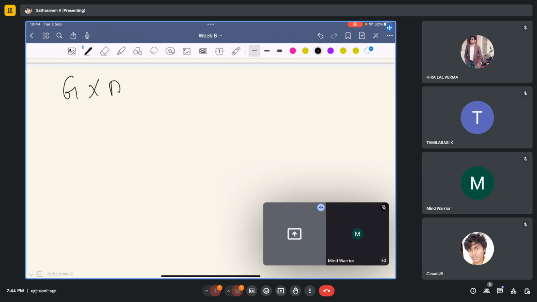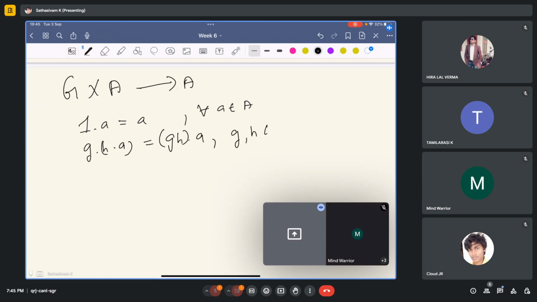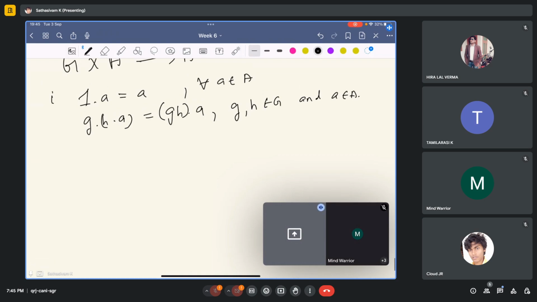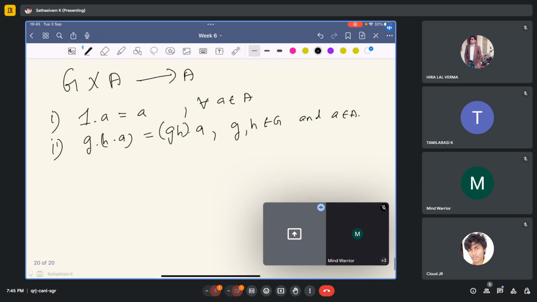A group action is basically a map from G cross A to A such that it satisfies two properties: 1 dot a is a, and g dot h dot a is equal to gh dot a. This is for all a in A, and for all g, h in G. Any map that satisfies these two is a group action.